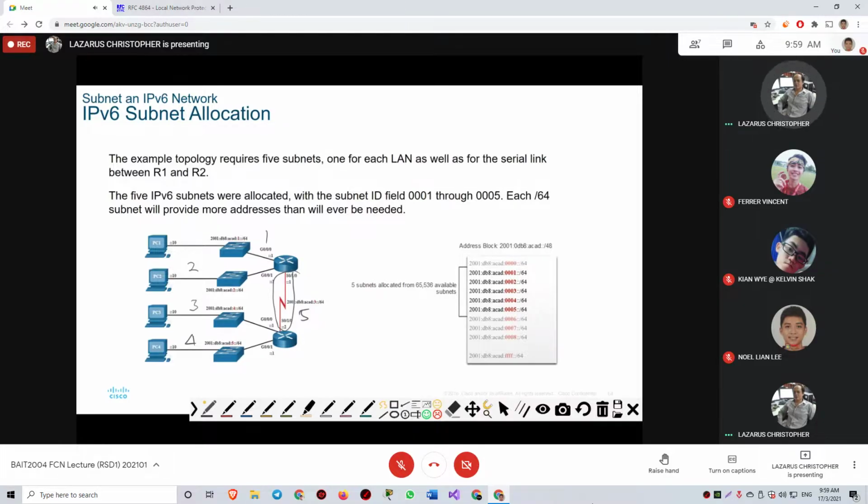Because we have the 64 bits belonging to the host part, each subnet definitely will have more addresses than you ever need. 2 to the power 64 minus 2, and you can see that it's going to be a lot, right? But again, because we have such a wide address space, we can afford to be a bit wasteful.